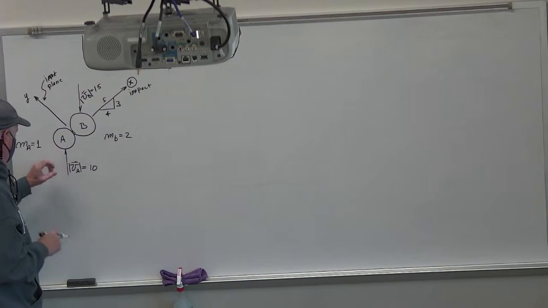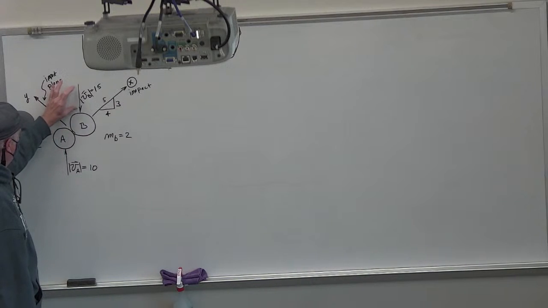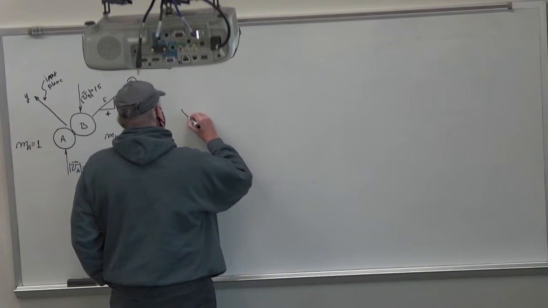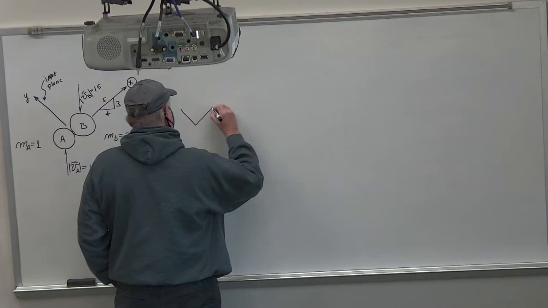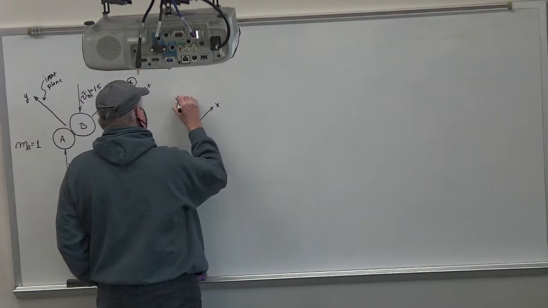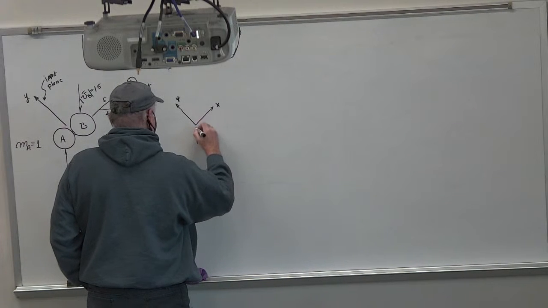So what you have to do, you have to break this into components. So we'll focus on this one first, then we'll focus on that one. So here's our X, here's our Y. This is the velocity coming straight up.